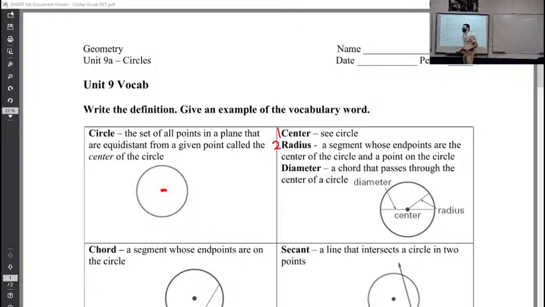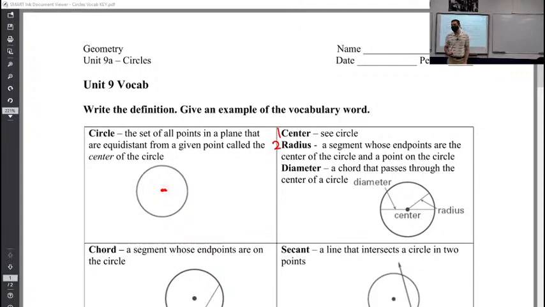So the radius is a distance from the center of the circle to any other point on the circle. And one thing you're going to need to keep an eye out for, especially when we start to talk about segment lengths, is any radius.